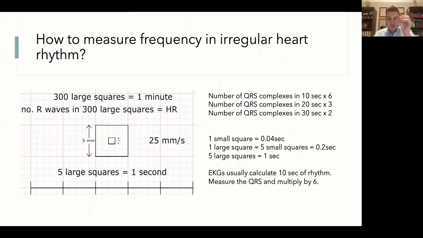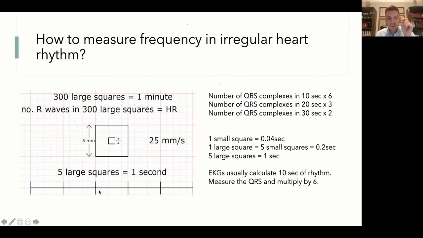The first one is to use 5 seconds of time on an ECG. 5 small squares is 0.2 seconds, and 5 large squares is 1 second. So you need 5 seconds, so 5 times 5 will be 25 large squares.